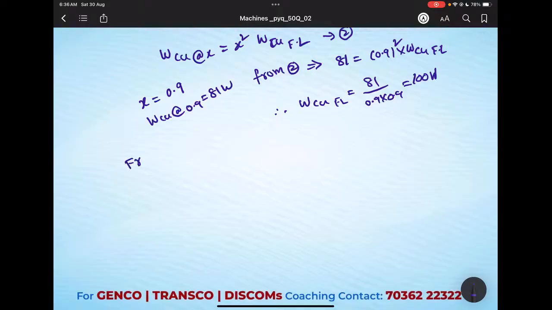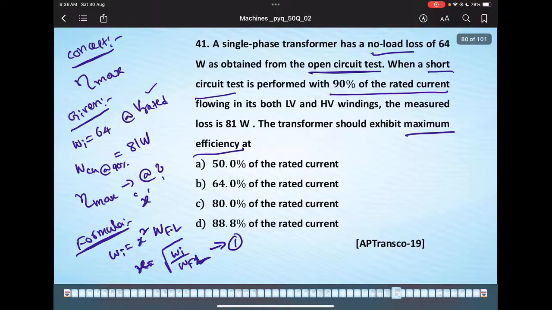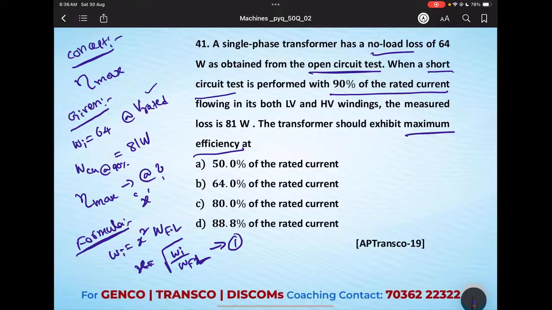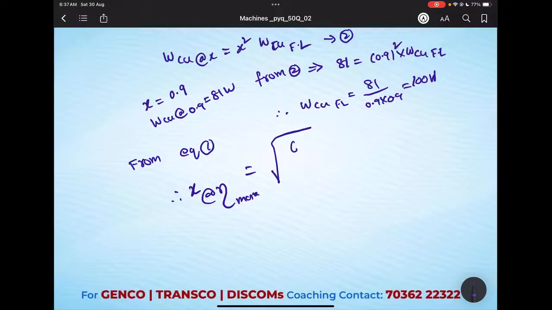So, from equation 1, the fraction at which we get maximum efficiency is given as X equal to the square root of Wi by Wfl. Therefore, the fraction of rated current at maximum efficiency is the square root of iron losses 64 over copper losses 100.